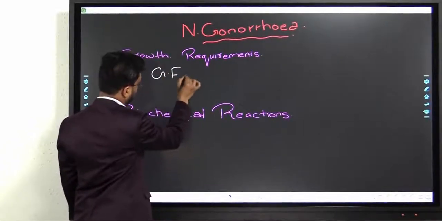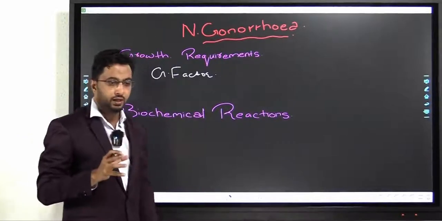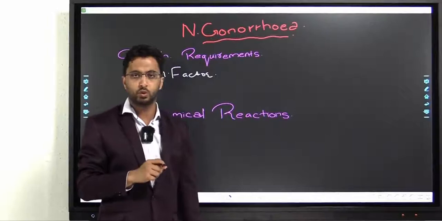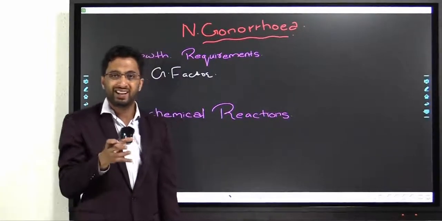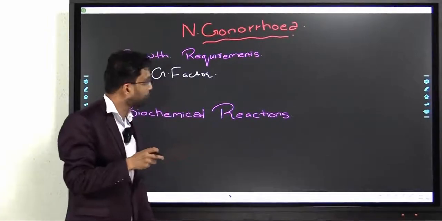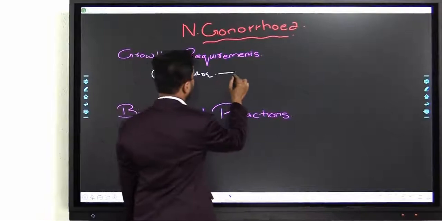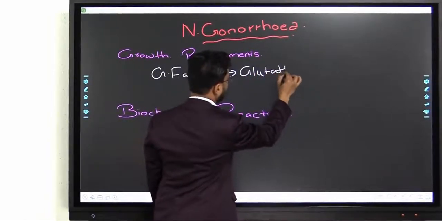As I've told you, these organisms grow only in very strict conditions. They don't grow just coming out of the body, usually they die. So you need to maintain some strict conditions for their growth. You have to provide some growth factors, and one is glutathione. Okay, glutathione, again easy to remember.